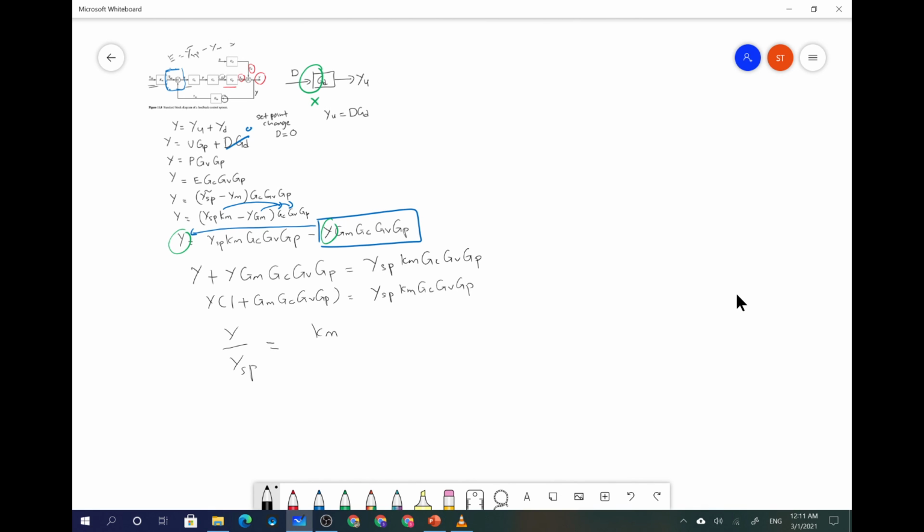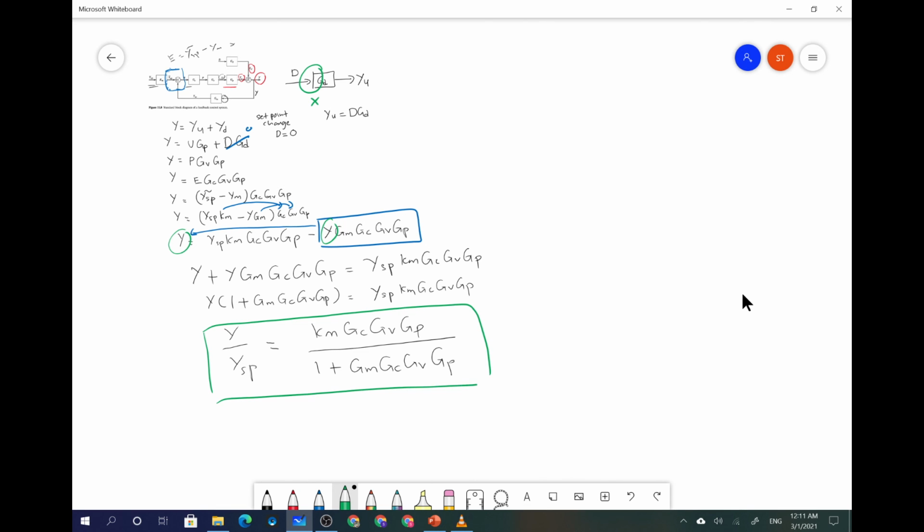Just arrange it in this form, one plus Gm Gc. So here is our closed loop transfer function for set point change.